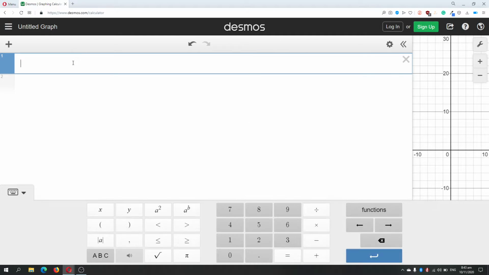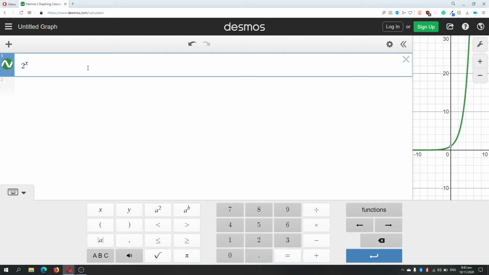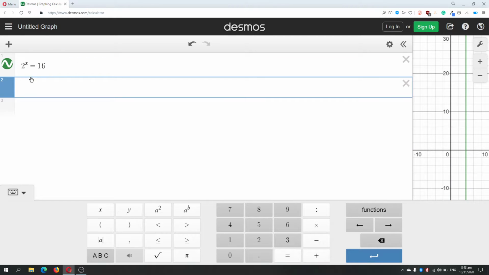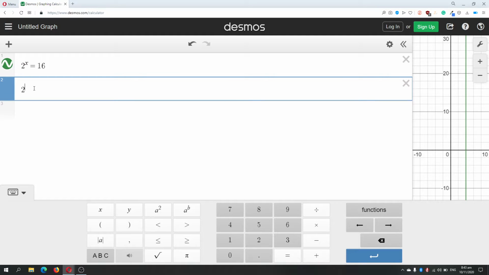So, in simple equations like 2 raised to x is equal to 16. If 2 can be a divisor of 16, try natin. So, 2 raised to x, di pa natin alam kung ano yun.